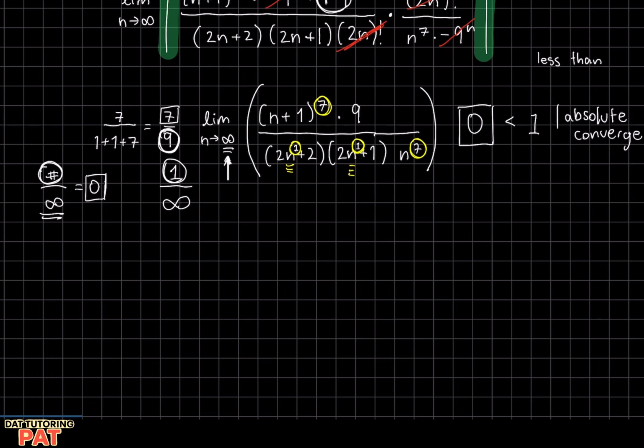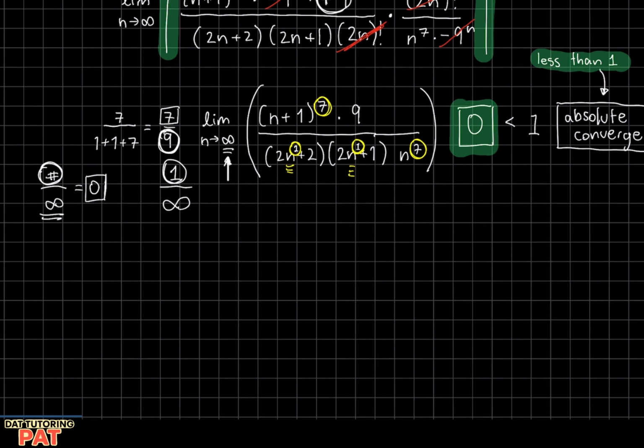And that's all you really need, that's your answer. You're going to have this value of 0. You're going to know that it's less than 1. I didn't even write it. Less than 1, so therefore, it will absolutely converge.